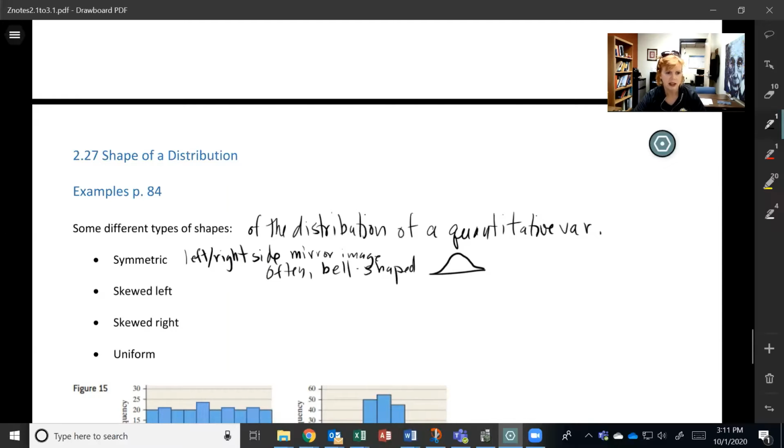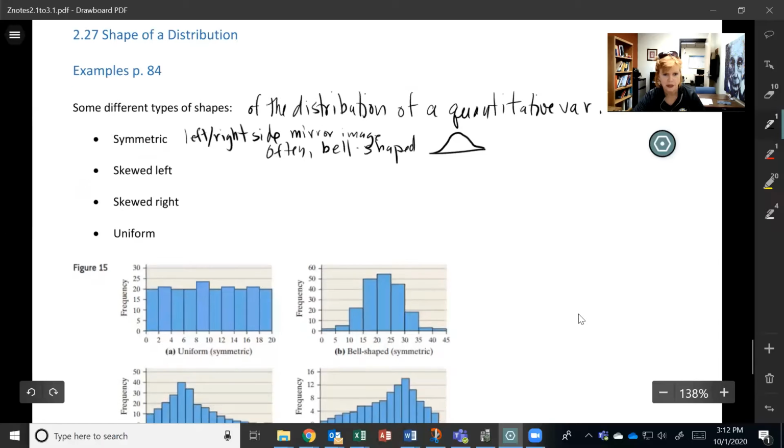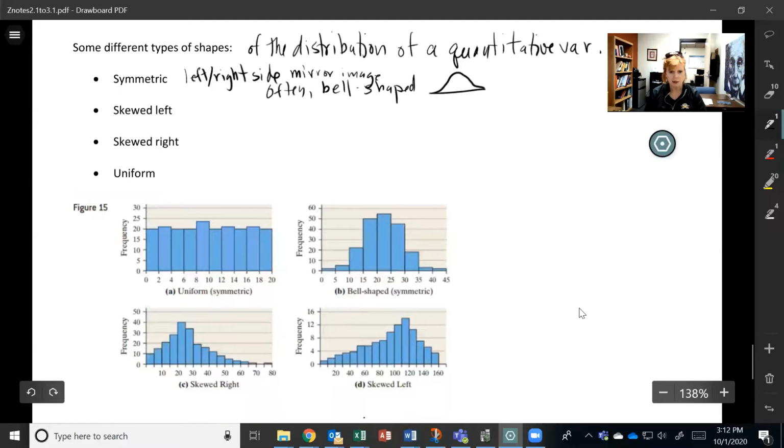I got these out of the textbook. They say this one is symmetric. If I take an imaginary line here, the left and right side are not exactly the same, but they're approximately the same. So when I say mirror image, I mean approximately.